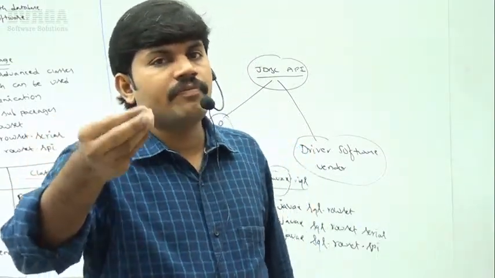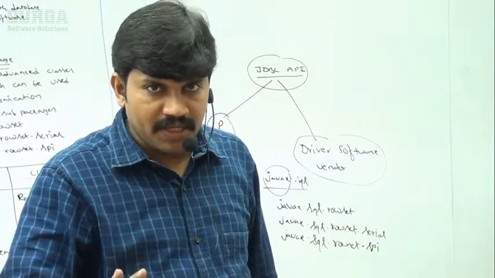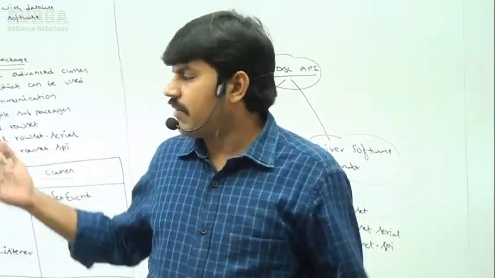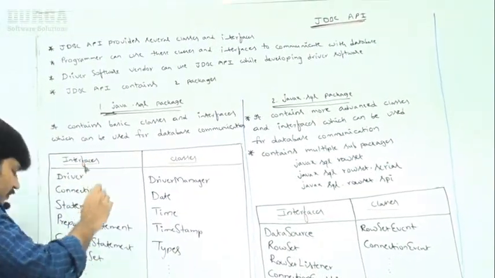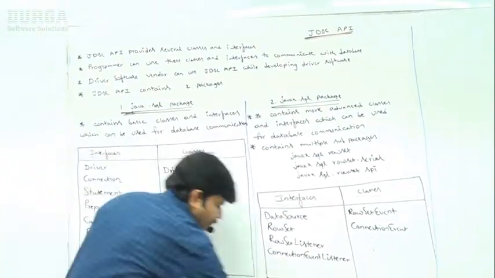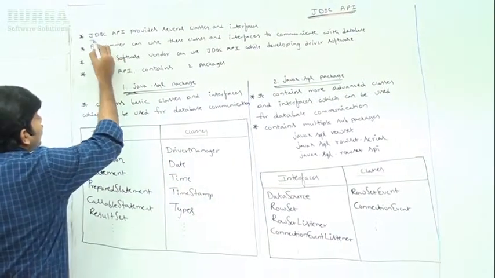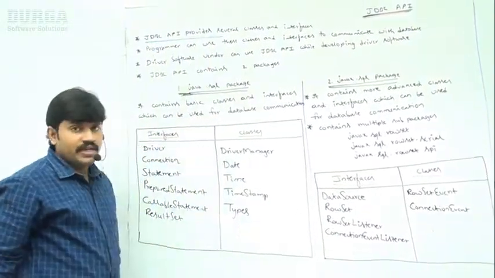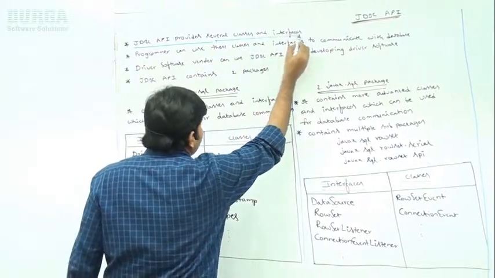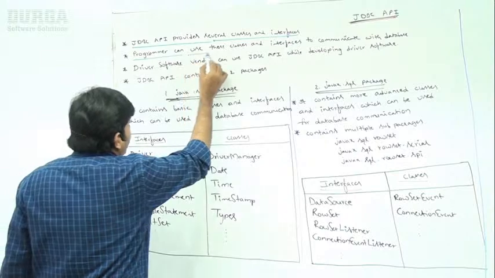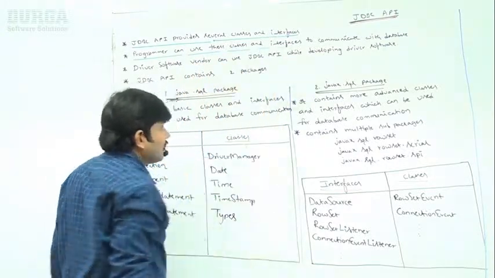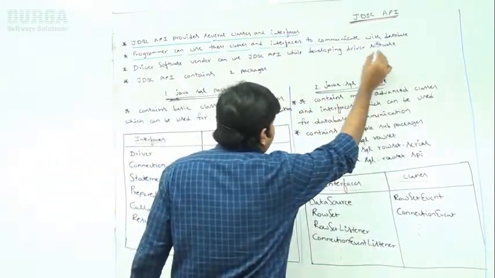This is the brief information about the JDBC API. Let me summarize. Just observe. The JDBC API provides several classes and interfaces. Next, a programmer can use these classes and interfaces to communicate with the database.